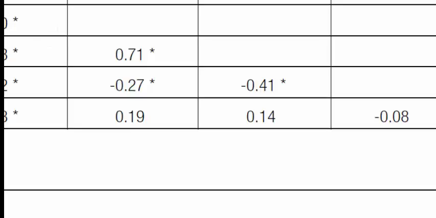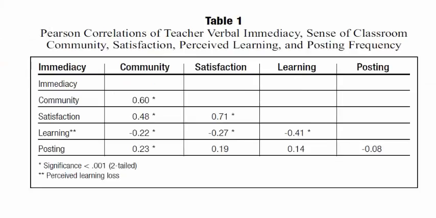Here we're looking at, for example, in this box, the relationship between community and community. I have to go back to the article to see how they're defining this community versus this. It looks like they're comparing the two, and it's showing a correlation of 0.60 and it's statistically significant. So do you think this is a high, medium, or low correlation?